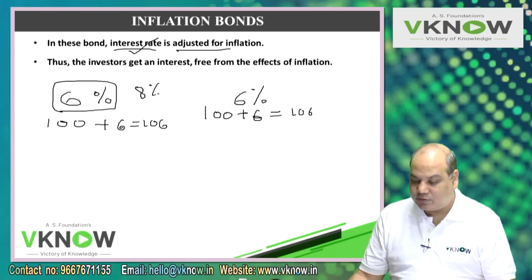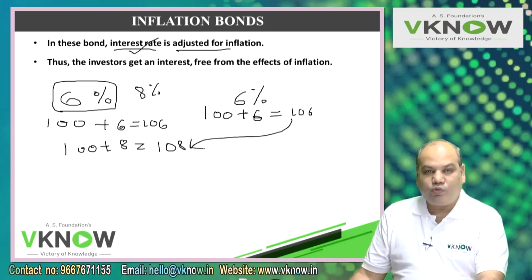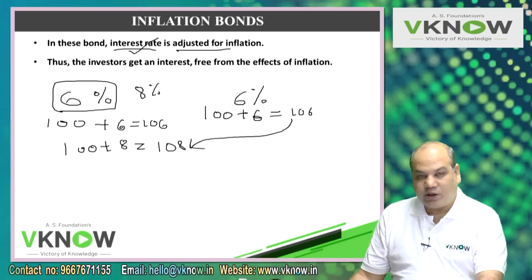Now see the magic. Your same basket of goods and services which was 100 rupees will now become 108 rupees. So in fact, you cannot even maintain the purchasing power of your money. You have lost the purchasing power. By investing in bond, you are losing money.